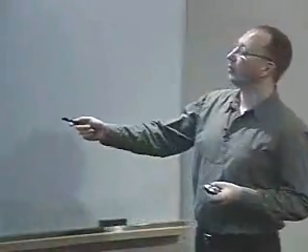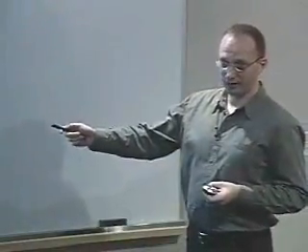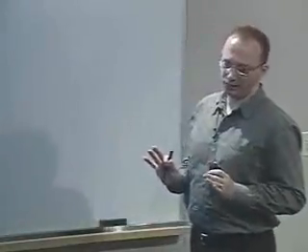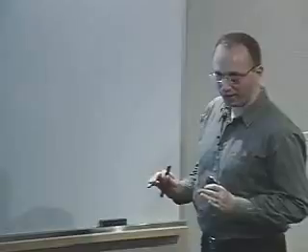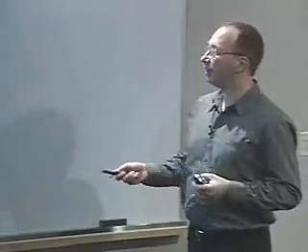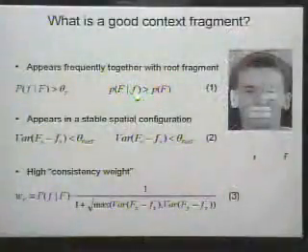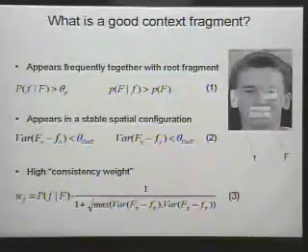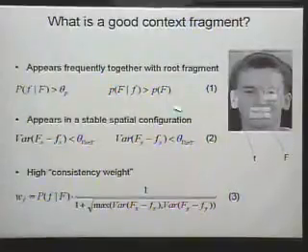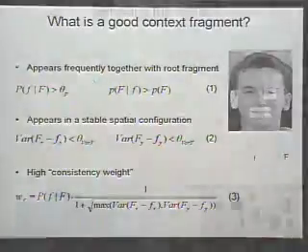By the way, the algorithm works fine even without this. It's a nice addition, but even without this, it's robust enough to cope. Basically, you say that this one can be used as a predictor for this one. So if you find this one, the probability of finding this one is bigger. That's it.